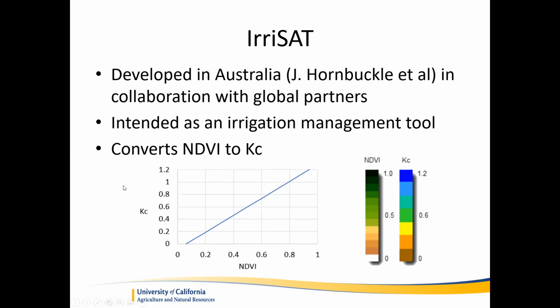Within that website, they convert the NDVI values to crop coefficient values based on this relationship that I have shown here in this chart down below. So roughly the NDVI is multiplied by about 1.2 to give you the crop coefficient value. When you use the website, you'll see the colors in the charts, and I'll show you the Kc values. This would be the scale here on the right.